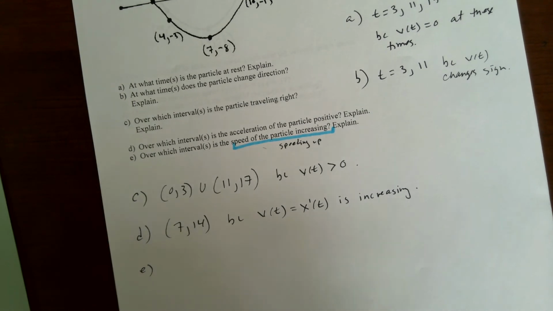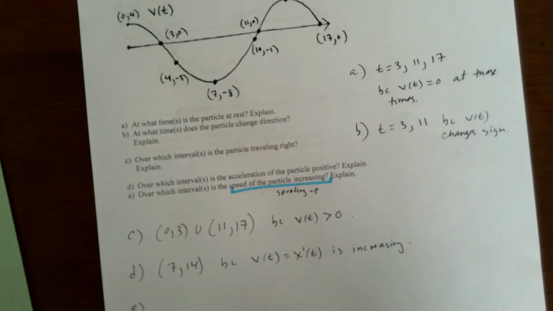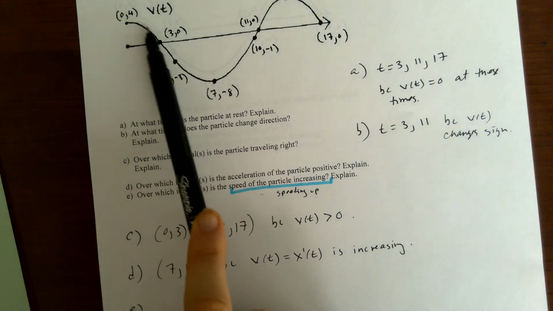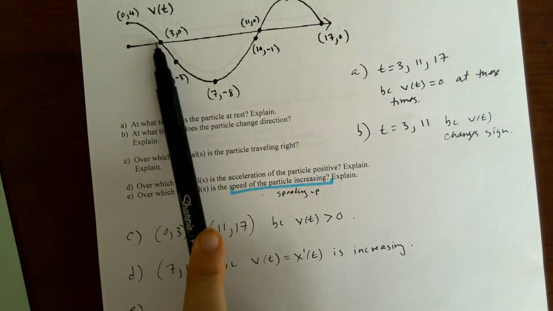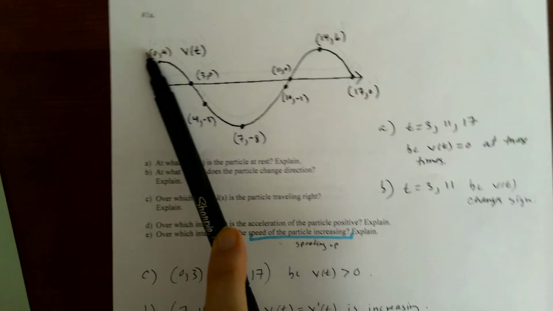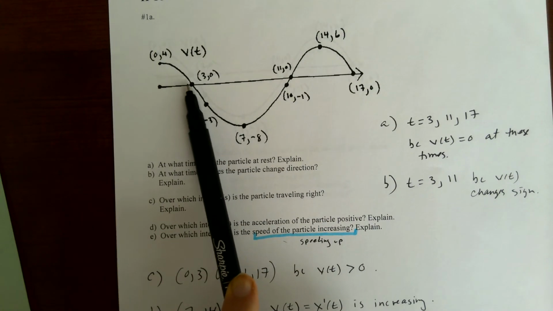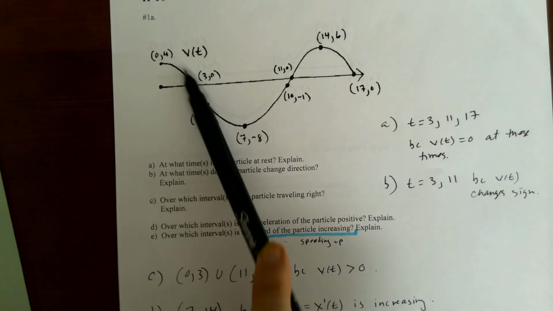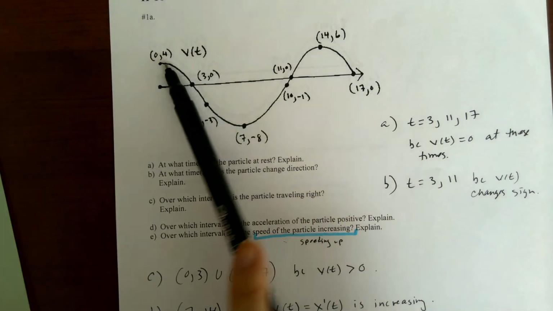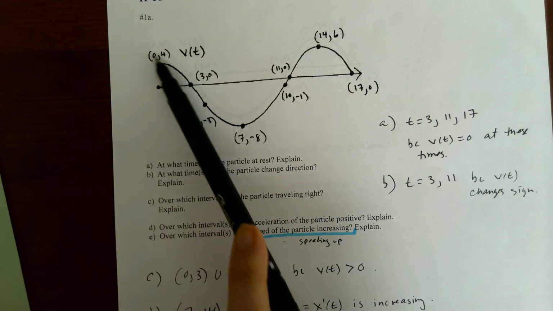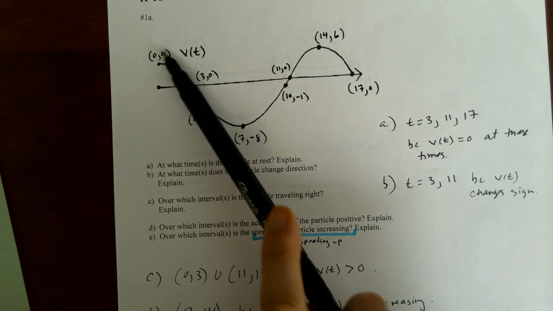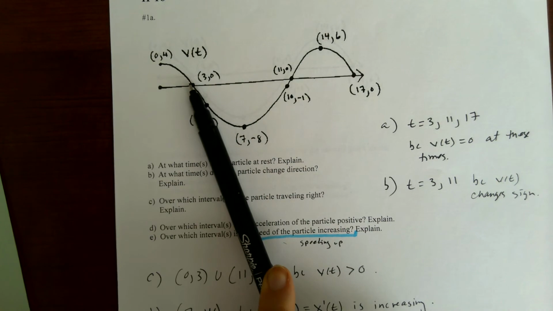Let's look at where velocity is positive. Velocity is positive here, but acceleration is negative, because acceleration is the derivative of velocity. Here, the slope of the tangent line is negative, but the graph itself is positive. So here, velocity and acceleration would not have the same sign.